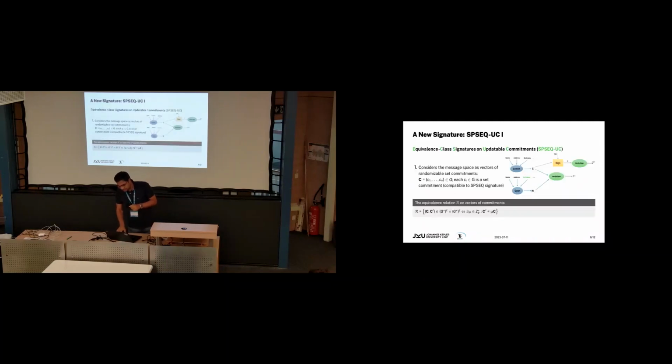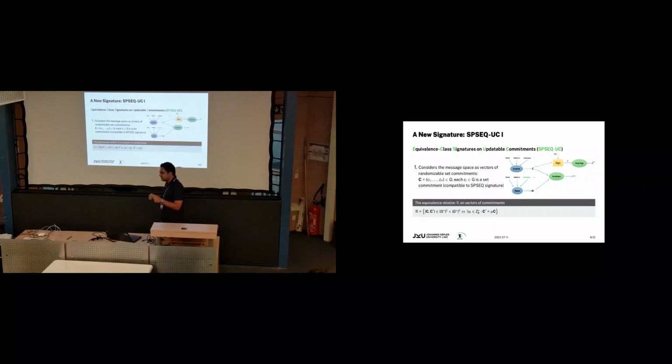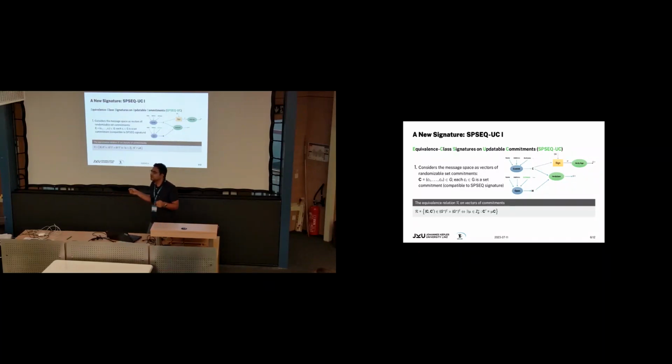Okay, we extended this signature and proposed a new one, SPSEQ-UC, to fit better with delegatable anonymous credentials. The first change is that instead of signing the vector of messages, we're signing a vector of set commitments. Still, all the elements are group elements, but they are set commitments. What's a set commitment?